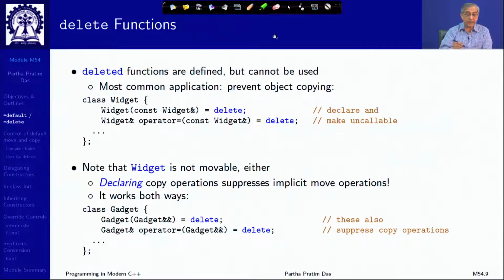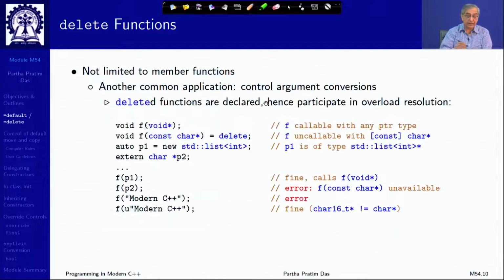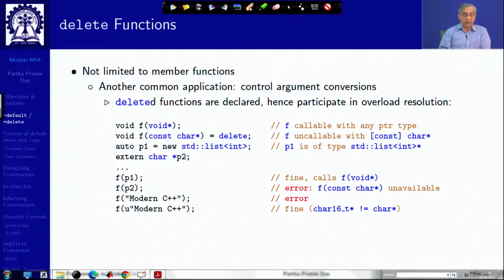So these are the advantages of default, and in delete you can similarly do all this. Delete for preventing copying or suppressing implicit move operations and so on. Right? You can see these examples. So here is an example of delete.